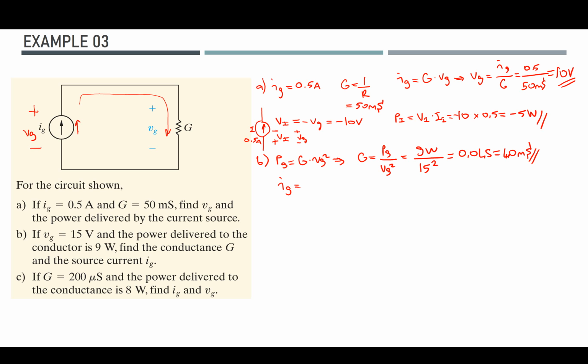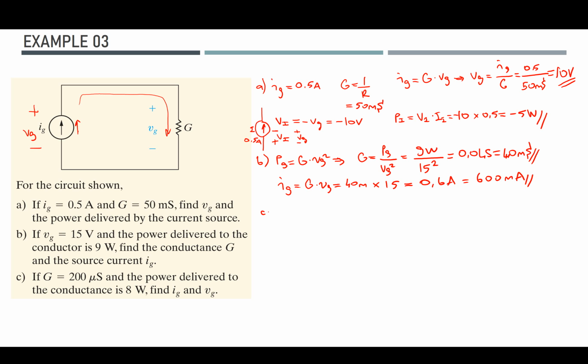So in this case, I'm going to multiply my conductance with Vg, and then 40 milli times 15 would give me 0.6 amps or 600 milliamps.